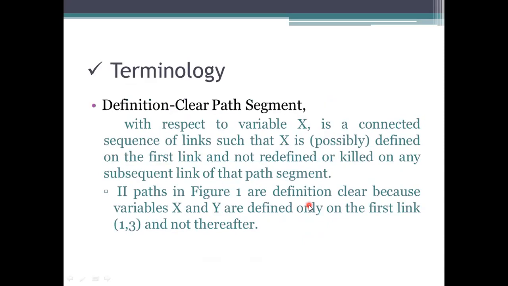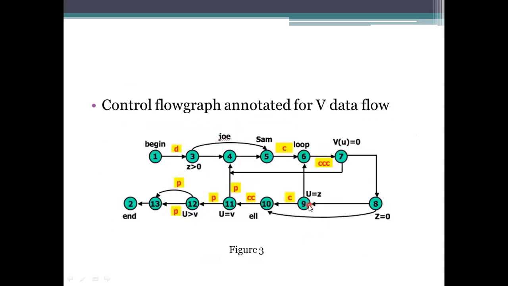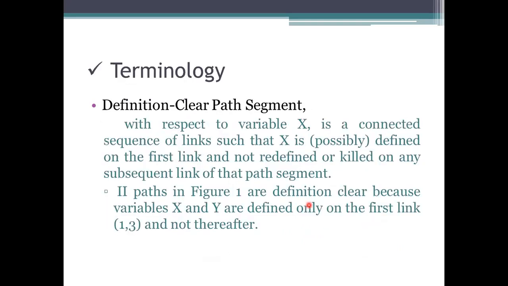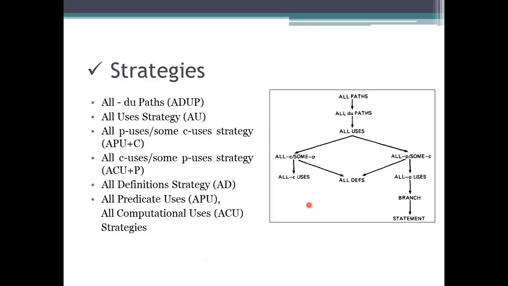And coming to the remaining ones, the v is being used in predicates and also in computations, so there is no problem. And coming to x and y, we don't have predicates used for x and y. That's why it is not allowed to access such possibilities here.